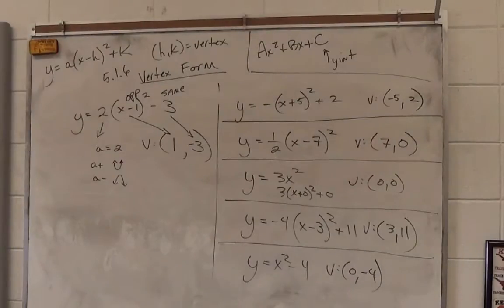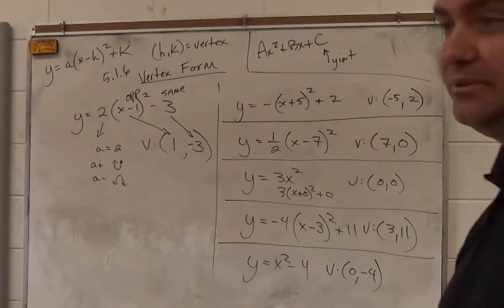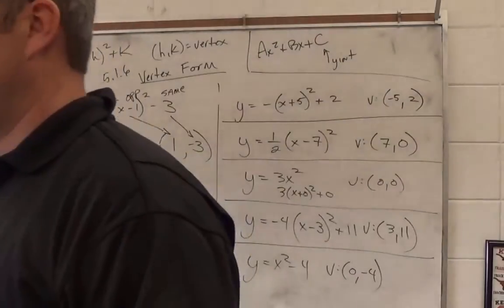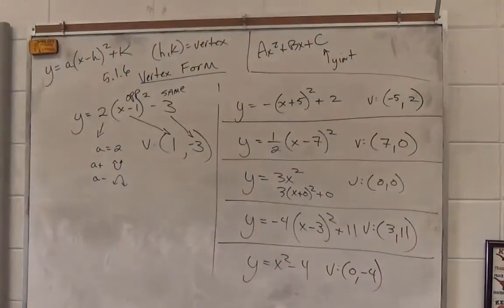Anybody remember from last year, finding y-intercepts, you let something equal 0? X equals 0. Write that down. Everybody write that down. In order to find the y-intercept in vertex form, let x equal 0.